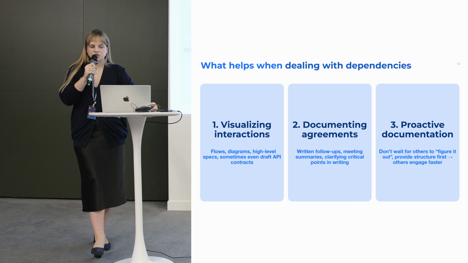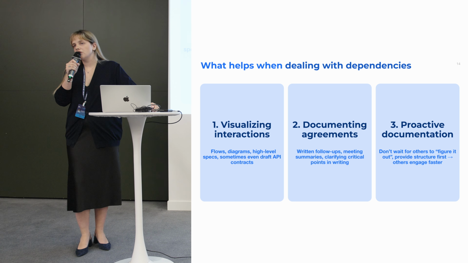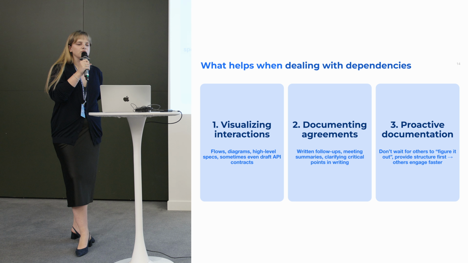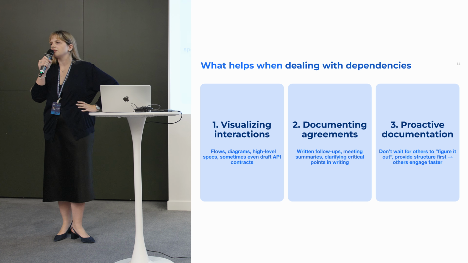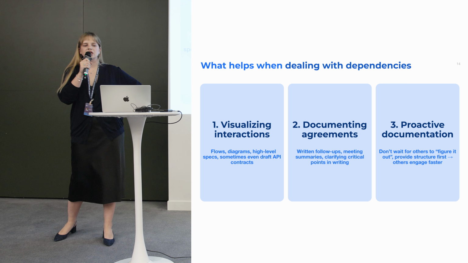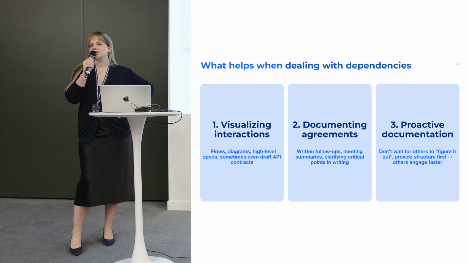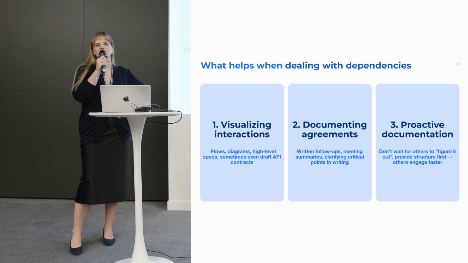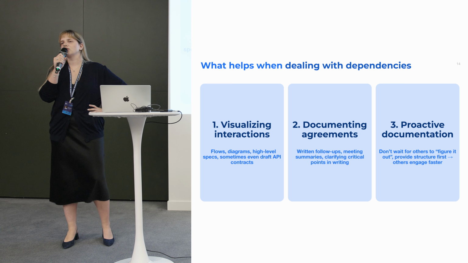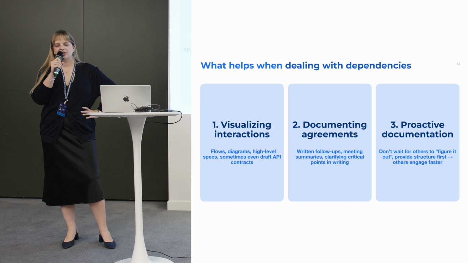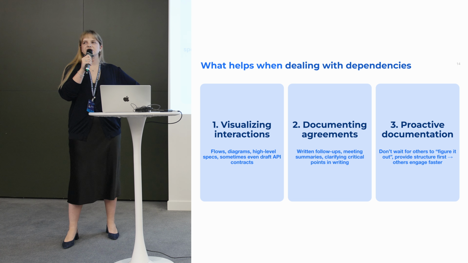First thing is visualization. Flows, diagrams, drafts of API, high-level requirements, specifications, and so on. All of these things could improve your approval or clarification processes. The second thing is documenting agreements.